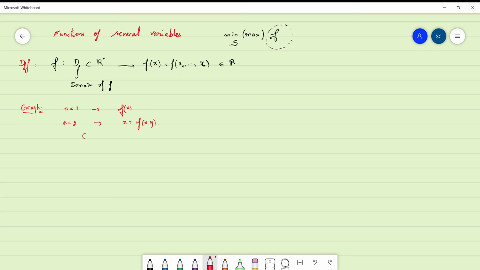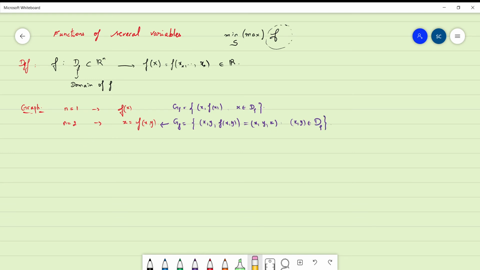Let's remind ourselves: the graph here is the set of the points (x, f(x)) when x describes the domain. In dimension 2, we will plot the points x, y, and z, which is f(x,y), points in space, when (x,y) describes the domain. So you see how complex it is.